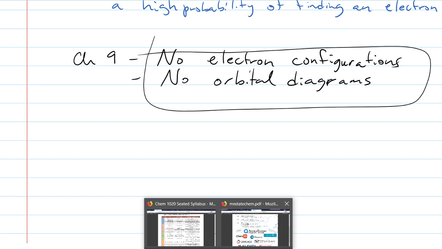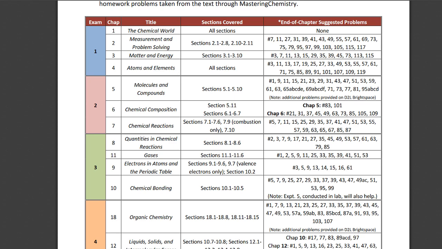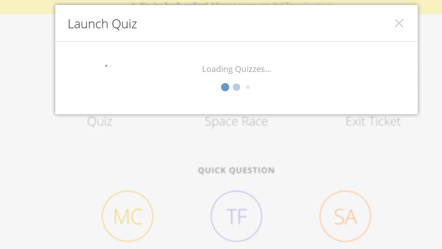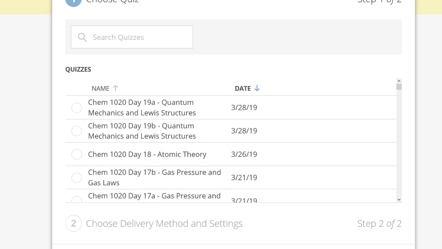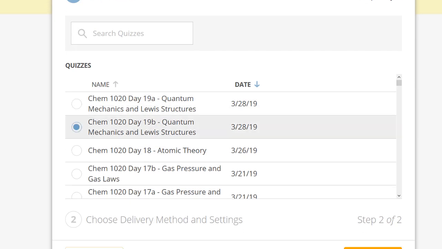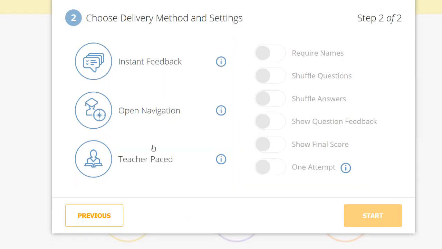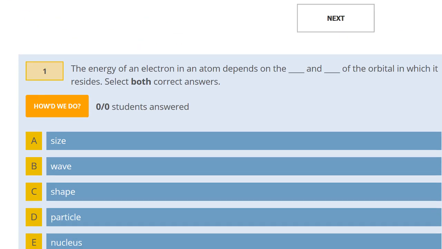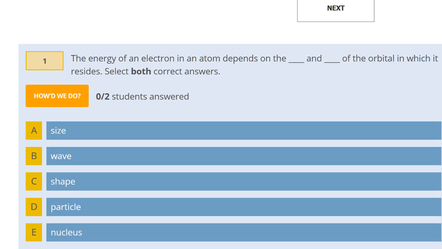So let's go on and see what you learned here from our stuff. We'll pull out our mobile devices again. And the first one here says, the energy of an electron in an atom depends on the blank and blank of the orbital in which it resides.